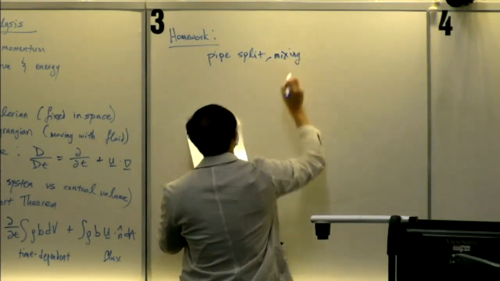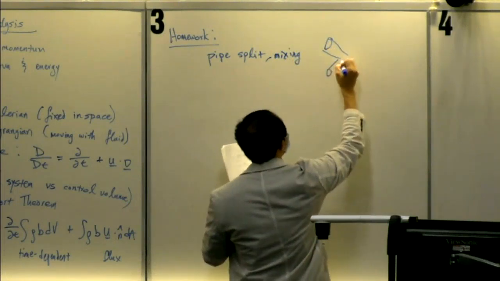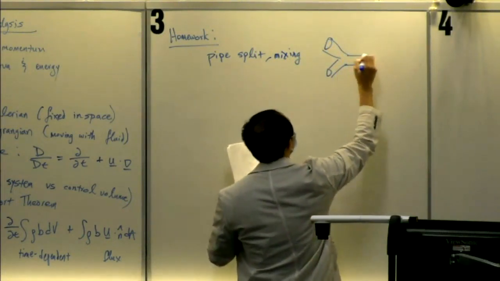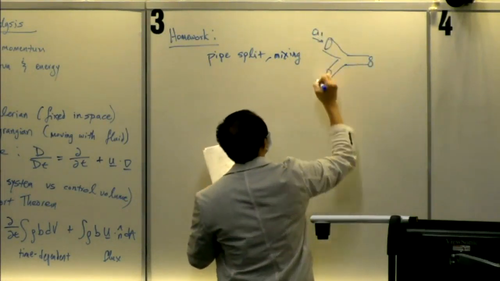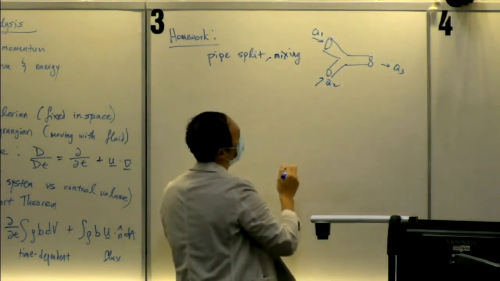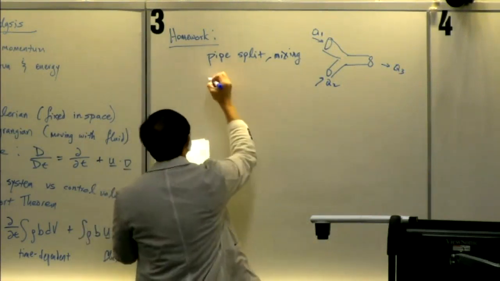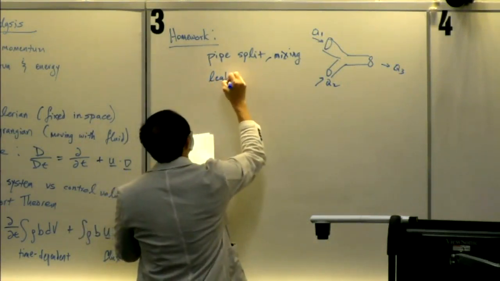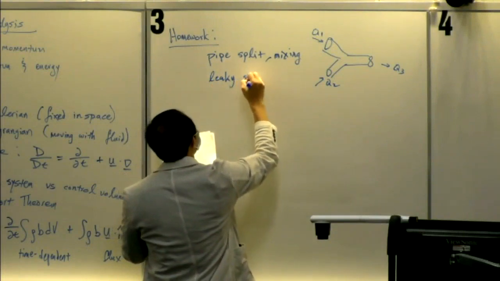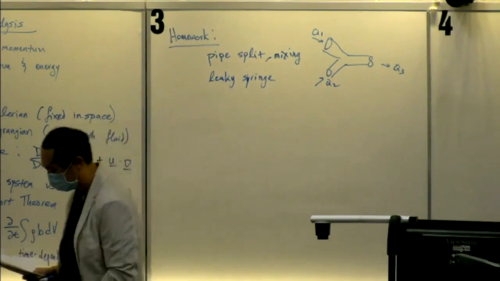So the first one, the homework is about mixing of two pipes. It should be quite straightforward to do one of these things after. But if you've got a Q1, a Q2, what is a Q3, and what is the density of it, things like that. I'm going to do this homework problem in class, either end of the day or next time.